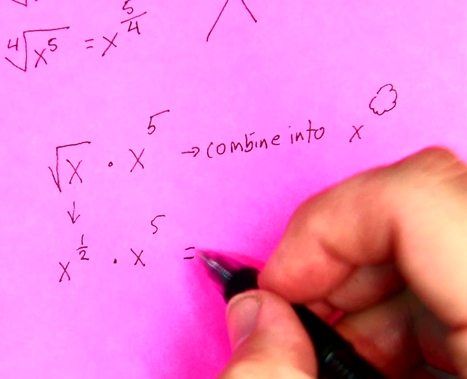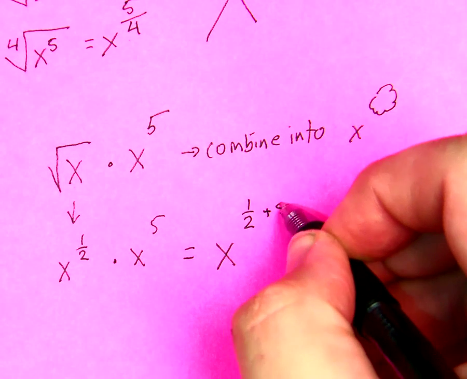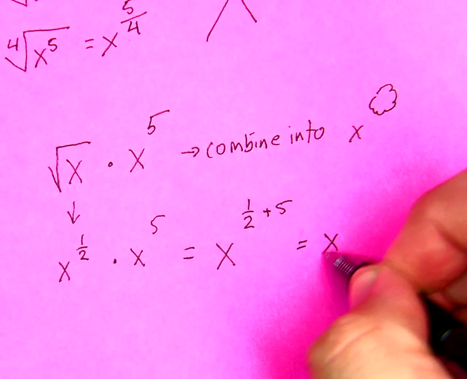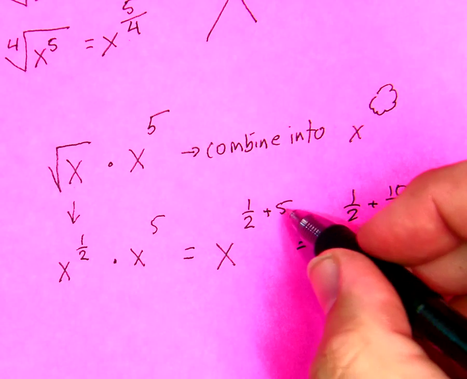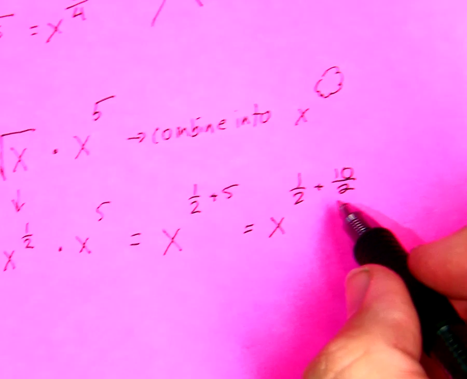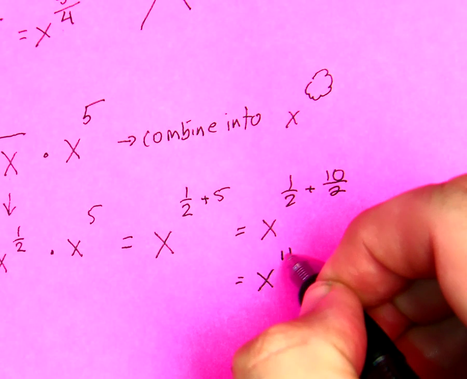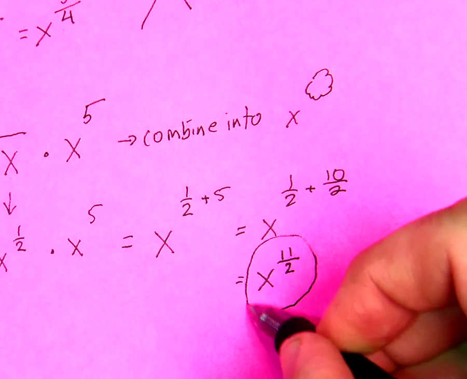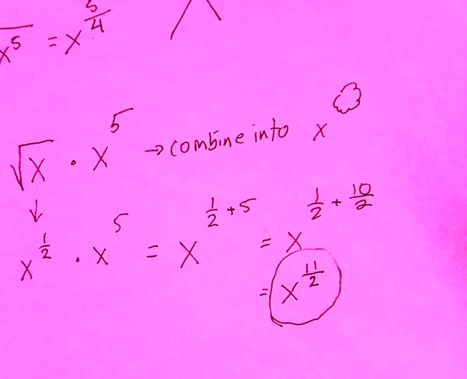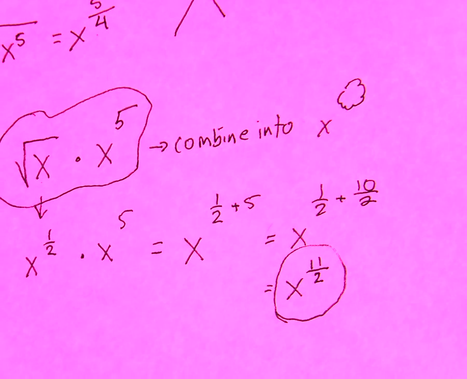So I want x to the 1/2 plus 5, which would be x to the 1/2 plus 10 over 2. Just convert 5 into a fraction with the denominator of 2, and you're going to get x to the 11/2. And this is what you're going to want to deal with, because this right here is kind of difficult.